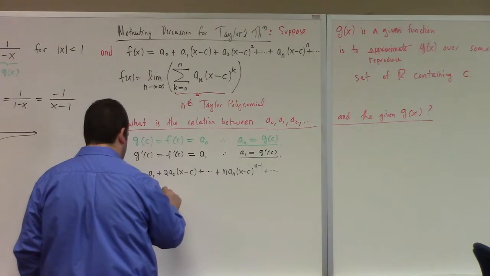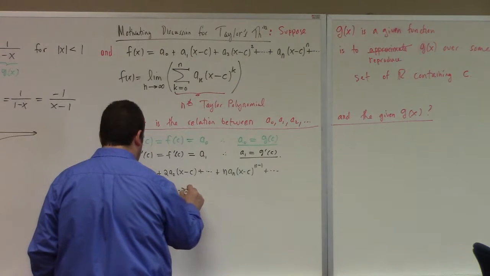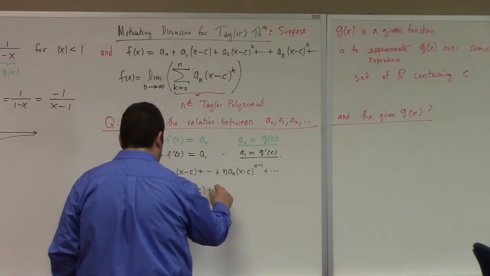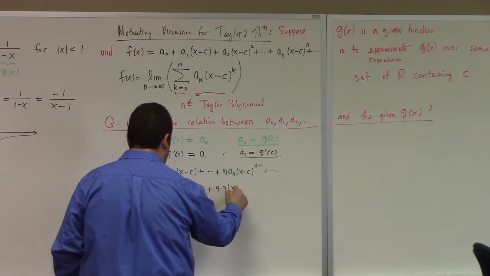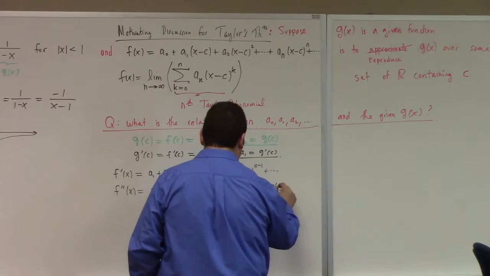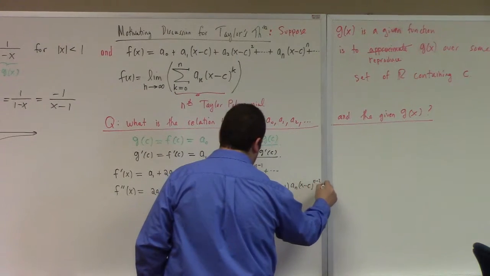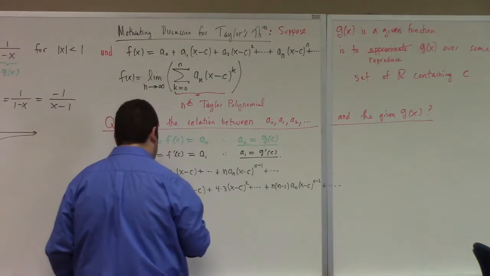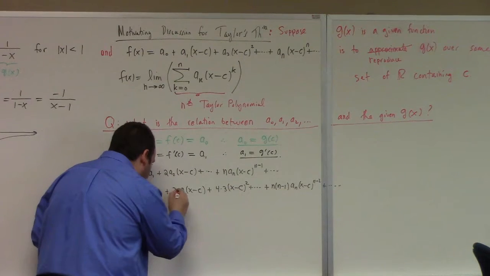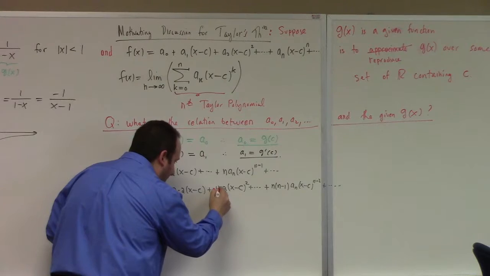That's 2a2 plus 3 times 2 times a3 times x minus c, plus 4 times 3 times a4 times x minus c squared, plus dot dot dot, plus n times n minus 1 times a sub n times x minus c to the n minus 2, plus dot dot dot. I'm missing some coefficients here, so let me put those back in. This should have an a sub 3 here, and there should be an a sub 4 here.